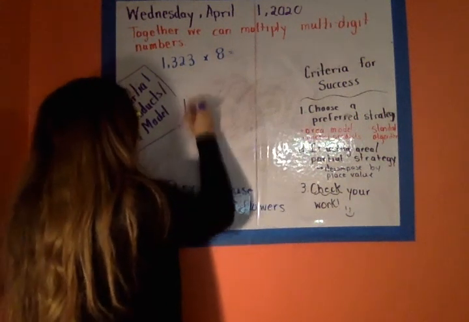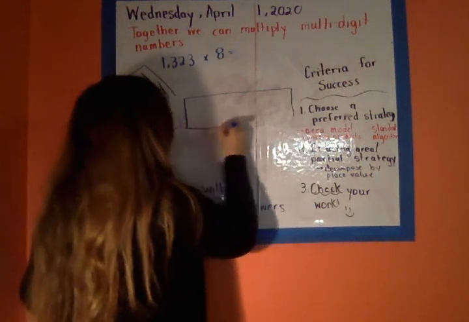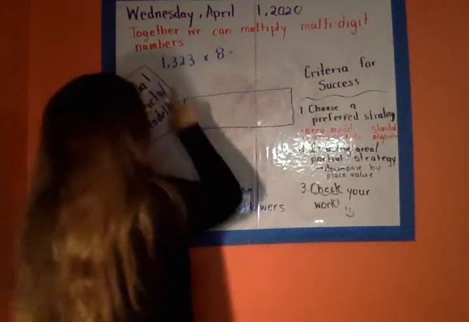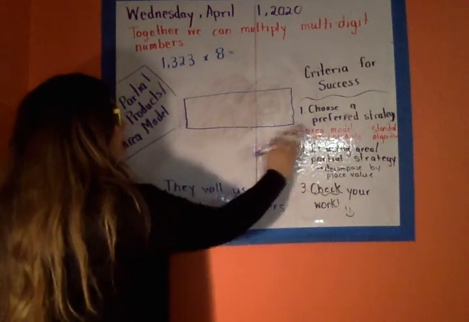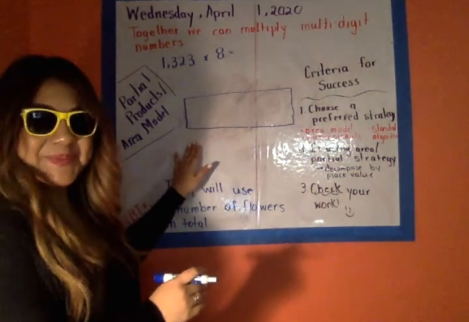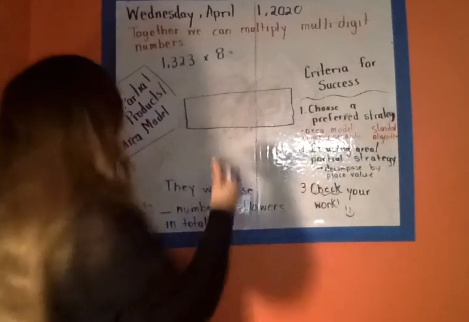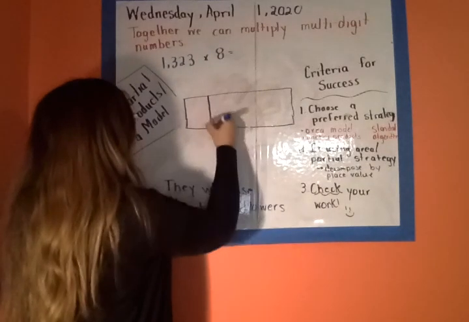And so because in 1,323 there are 4 digits, right? 1, 2, 3, 4. How many boxes should I have in this area model? Now, if you said 4, thank you for being with me this morning. Yep, 4 friends.